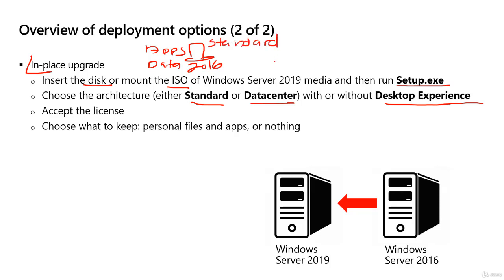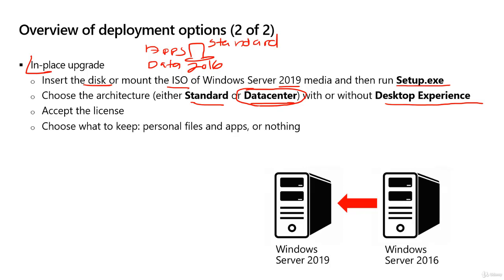You want to do an in-place upgrade to 2019, but for 2019, you want to run data center. That's possible. You could simply choose data center, and it's going to upgrade you from 2016 standard to 2019 data center. So they don't have to follow the same exact operating system editions path.